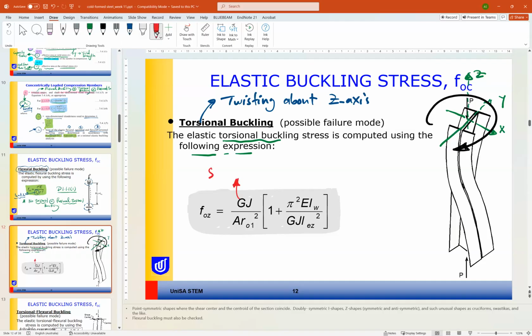G is the shear modulus, J is the torsional constant. Where to find it?